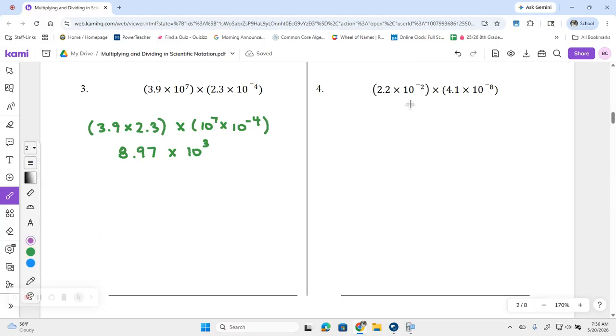And number 4, 2.2 times 10 to the negative 2nd multiplied by 4.1 times 10 to the negative 8th.